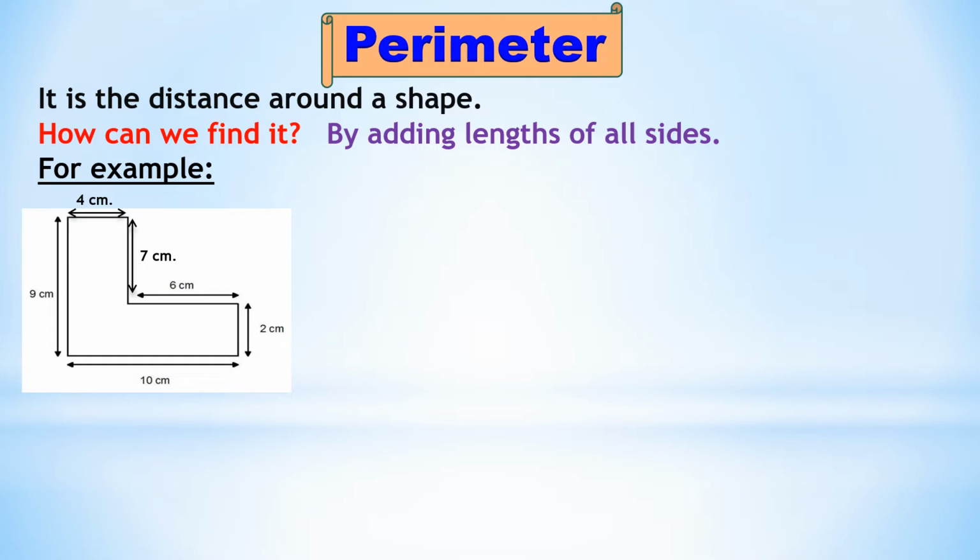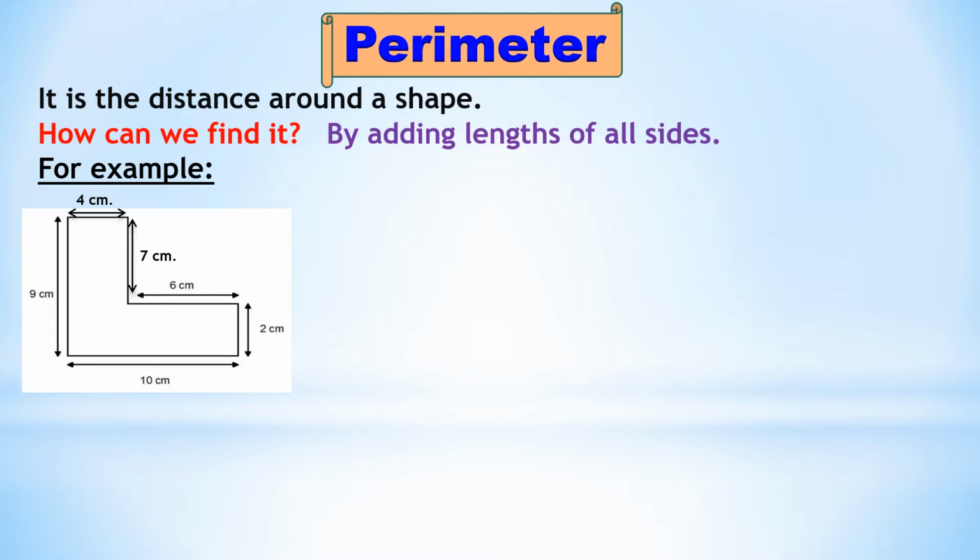So I will start from the side which is 9 centimeters and move. So we will start our perimeter with 9 centimeters and move to 10 centimeters. So we will add 9 plus 10 and move again, 2 centimeters. Move again around it, 6 centimeters plus 7 centimeters.